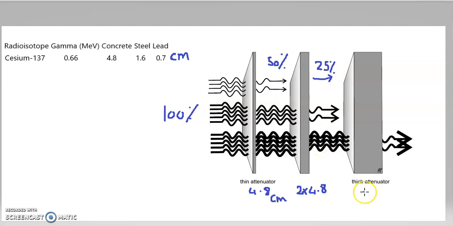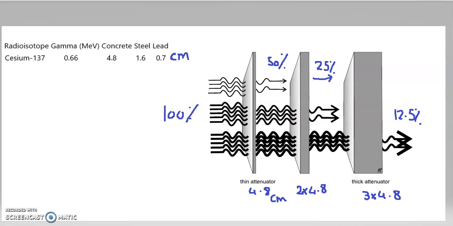And if I have 3 layers, only 12.5% of the radiation will be transmitted, and the rest will be absorbed by the substance. So that was the definition of the half thickness or the half layer thickness.